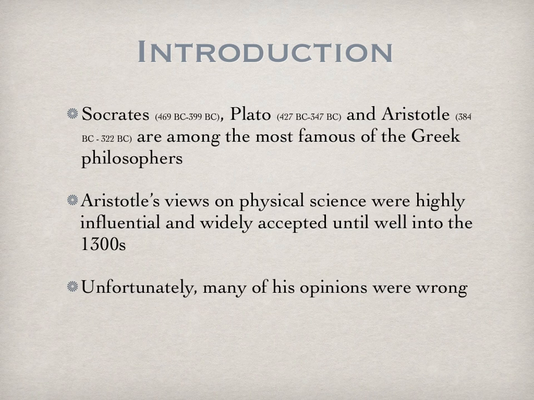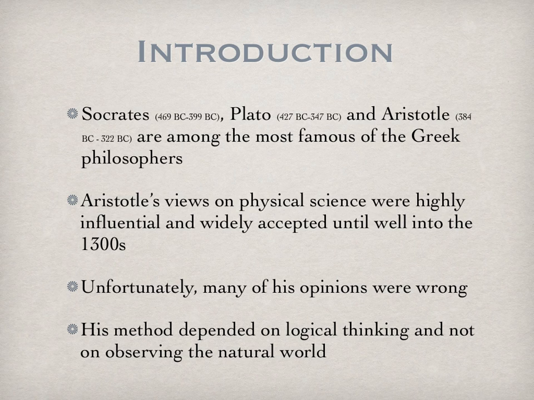Unfortunately, a lot of his opinions were wrong, and the reason is he never bothered to test any of those things out. He just figured that you could logically think about everything, and that would be how you would figure it out.